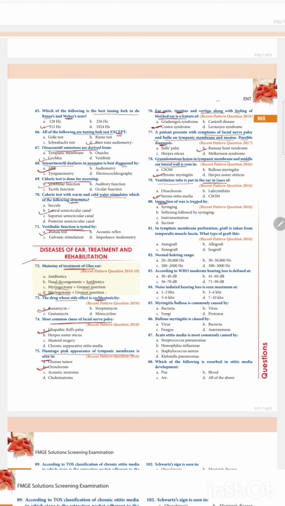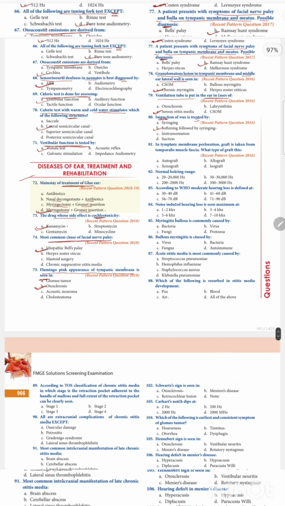Impaction of wax is treated with softening followed by syringing. In tympanic membrane perforation, a graft taken from the temporalis muscle fascia is an autograft, because it is taken from the patient's own body.